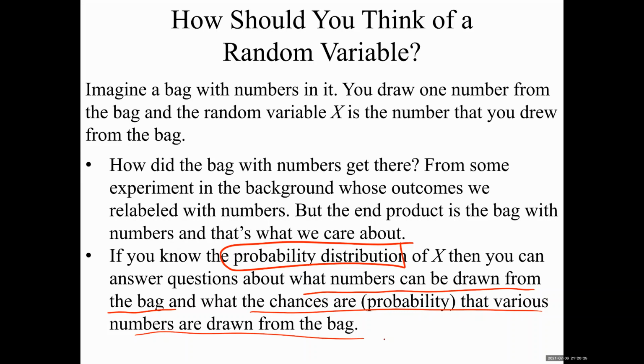If I say find a probability distribution for this random variable, you make a two-column table. The left column are all the numbers that are in the bag, and the right column are the probabilities of drawing those numbers. So once you have the probability distribution, you know lots of stuff about the bag. You know what are all the different numbers in the bag and the chances of drawing those numbers. And once you know the chances of drawing those numbers, you know which numbers are there a lot of and which numbers are there not a lot of in the bag.